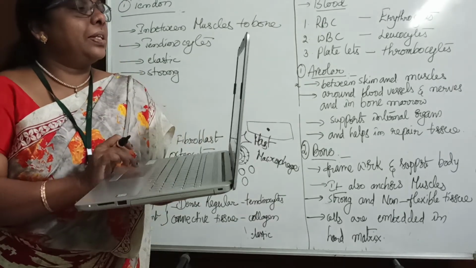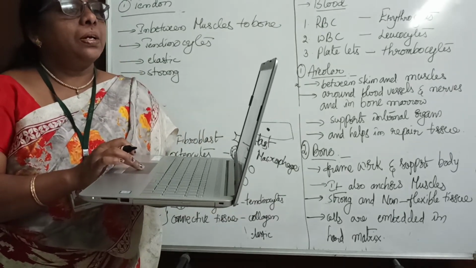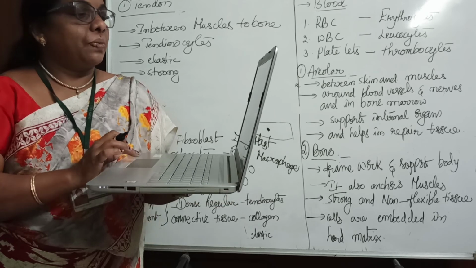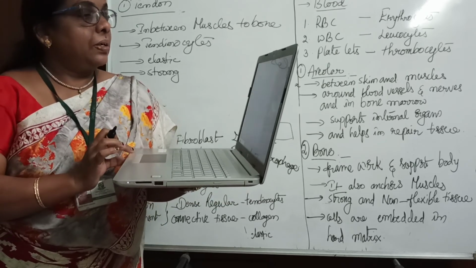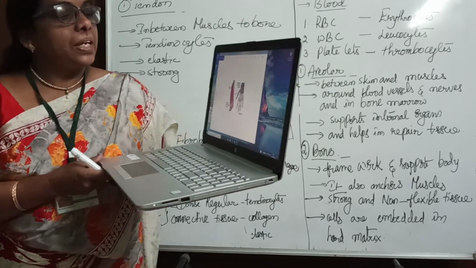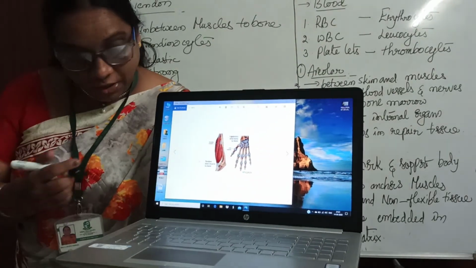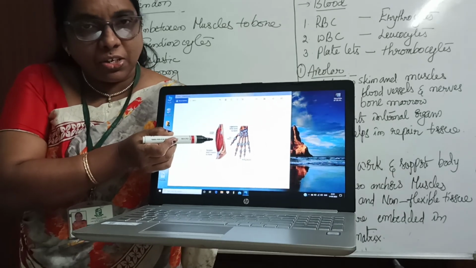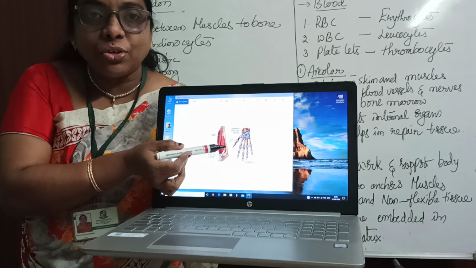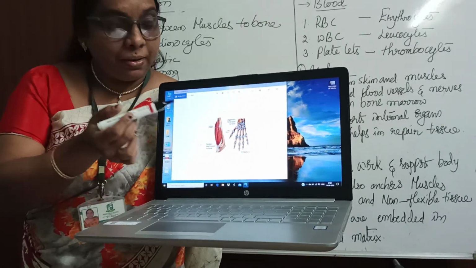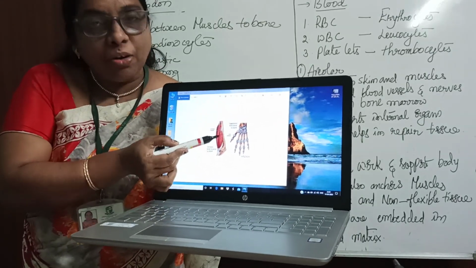We can also see another tissue if you see the picture. Let me show. Yes, see, this particular picture is clear. These are called tendons. So all these tendons attach muscle to bone; the muscles are attached to the bone with the help of the tendon.